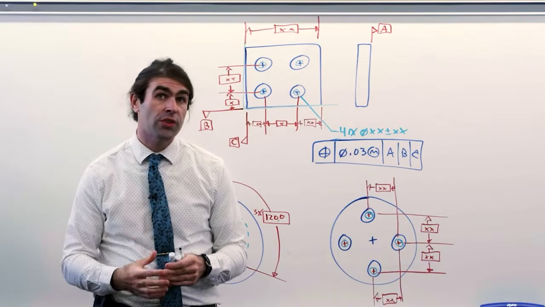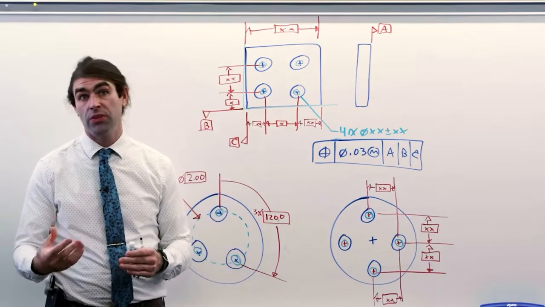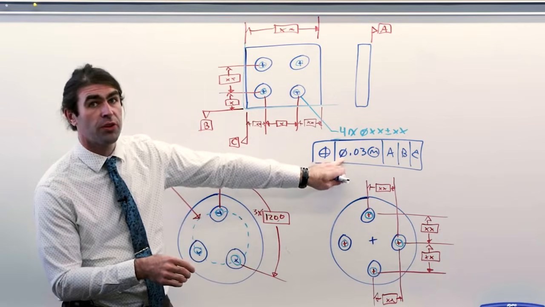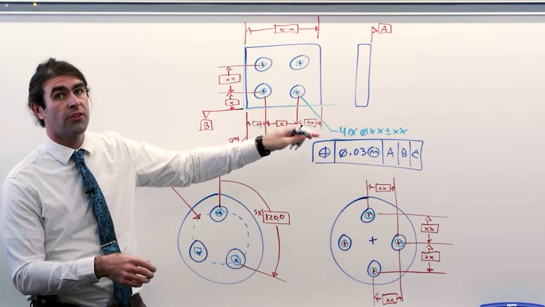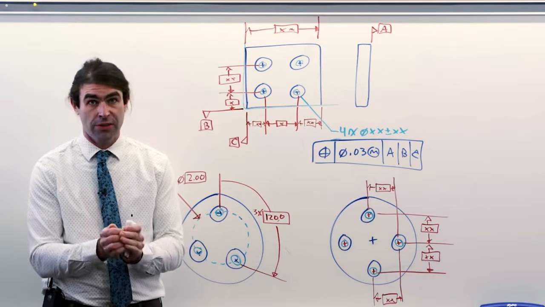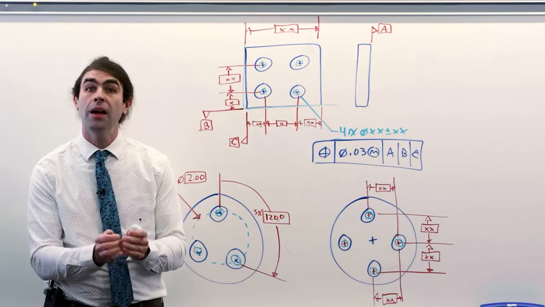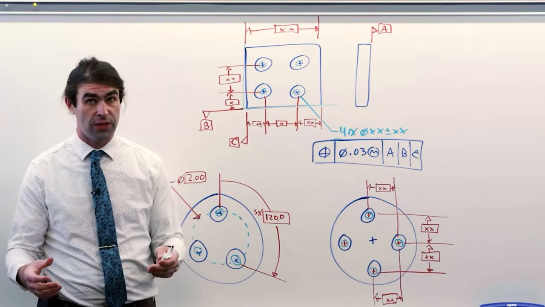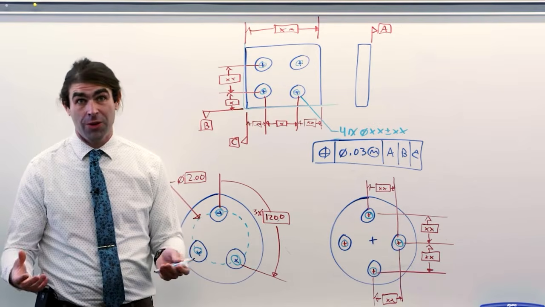Okay. Let's move to something called bidirectional position tolerancing. When you put the diameter symbol in the feature control frame and apply it to a cylindrical feature, it indicates you have a cylindrical tolerance zone. It doesn't have to be, though. You could have a square or a rectangular tolerance zone. Now, why would you want to do that?